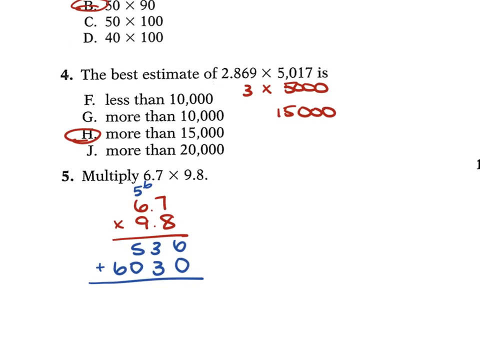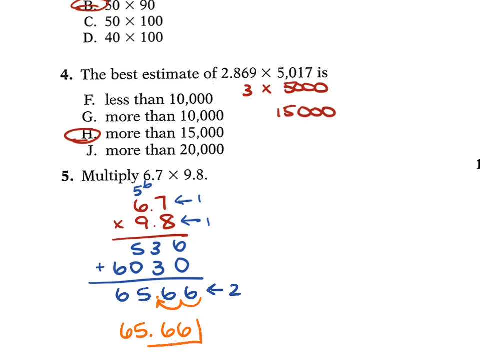We add these. 6 plus 0 is 6. 3 plus 3 is 6. 5 plus 0 is 5. 6 and nothing is 6. We have one decimal place here, 1 here, so our answer should have a total of 2. So we're going to move that decimal 2 places over, and our answer is going to be 65.66.